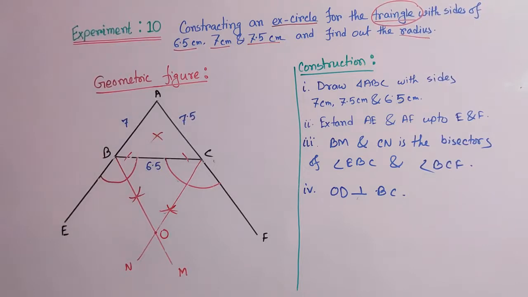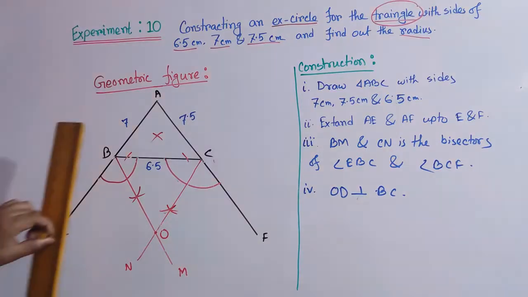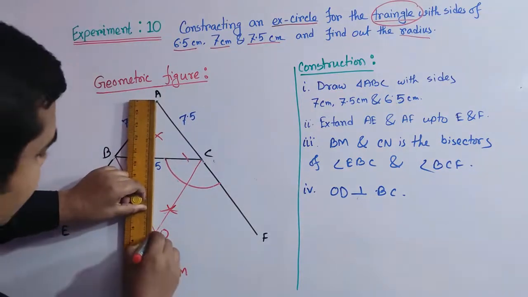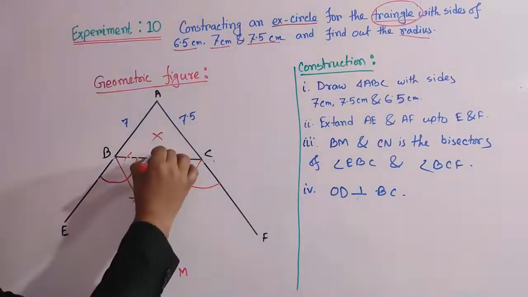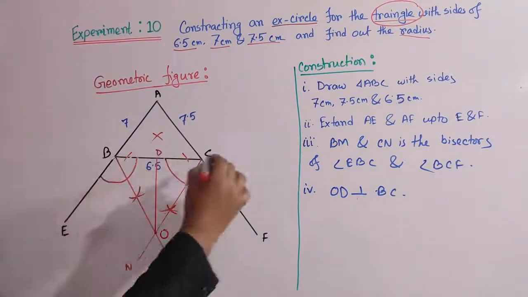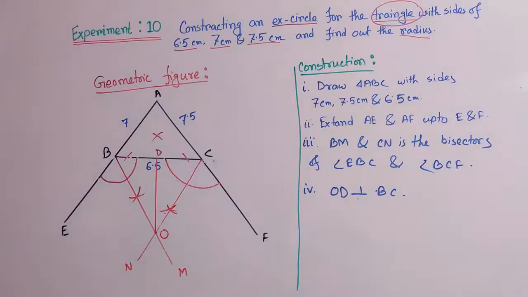Since these two are bisecting and O is already the bisected point, just join these two. If we add these two lines, then we get OD. This is the OD which is perpendicular on BC. Clear?